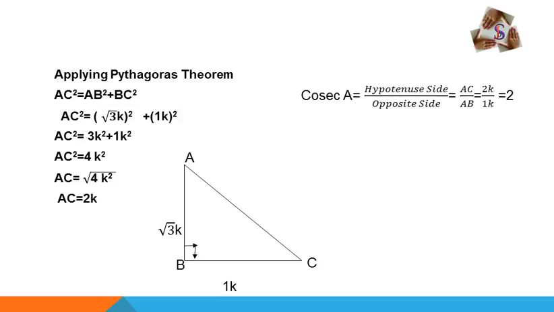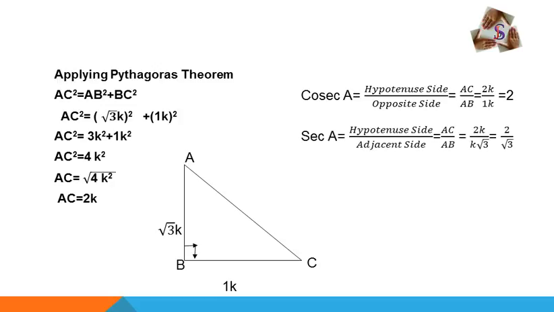So now we find out the values of cosecant A, that is 1 by sine A, that is nothing but hypotenuse side by opposite side, that is AC divided by BC. We have already found out the value of AC, that is 2k divided by 1k, that is equal to 2.